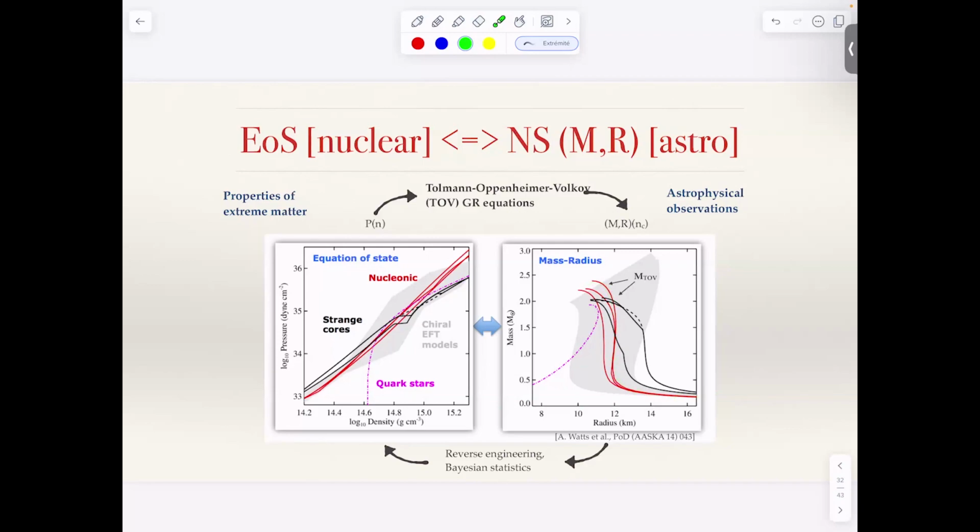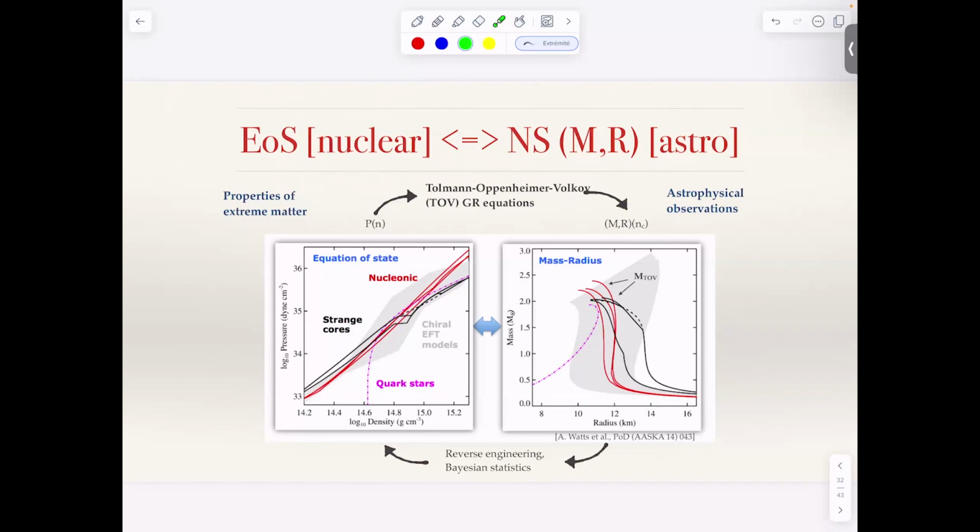And if you look at the colors, you will see that if you have a set of observational points, for instance, that goes like that, then you will be able to say, well, this is a nucleonic model which is compatible with observations. Or if you have a set of masses and radii which goes like that, you will say, oh, the nucleonic model is not correct, but it is more a quark star.